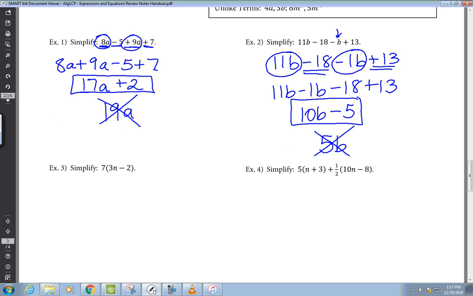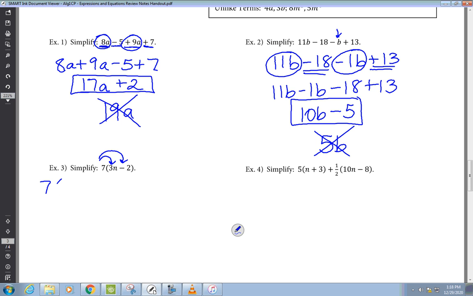Distributive property is when you multiply whatever's outside, whatever's attached to the parentheses, you multiply it through. So example 3, you have 7 times 3n minus 2. That means 7 has to be multiplied times 3n, and 7 has to be multiplied times negative 2.